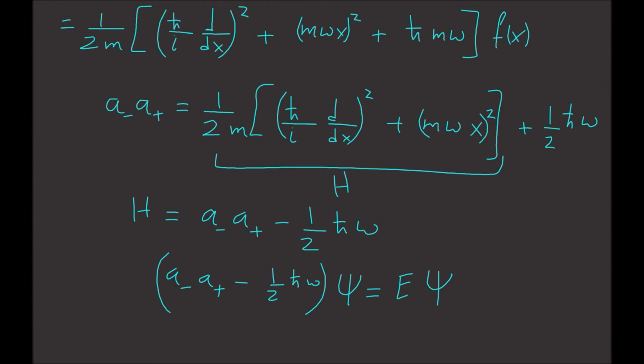So if you do A plus, A minus here on the side, you should be able to use the same steps, induce a test function, and carry on. You're gonna get the same equation. The only difference is A plus, A minus. This is gonna be a plus 1/2 h bar omega times psi. This is the Hamiltonian, equals E times psi.